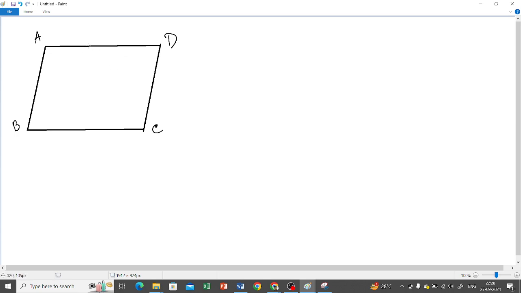This is again a parallelogram. So opposite sides are parallel to each other, and also all the sides are equal. In a rhombus, all the sides are equal, and of course, opposite angles are equal. Co-interior angles are supplementary. That is always true.